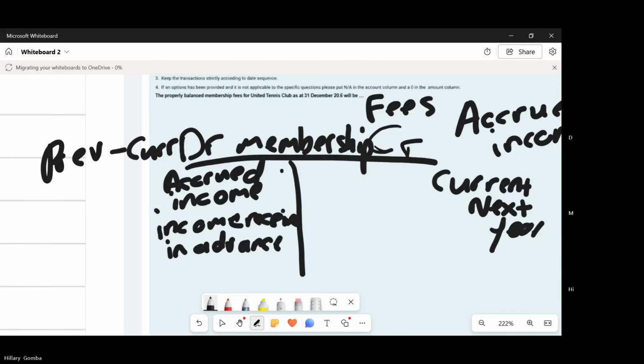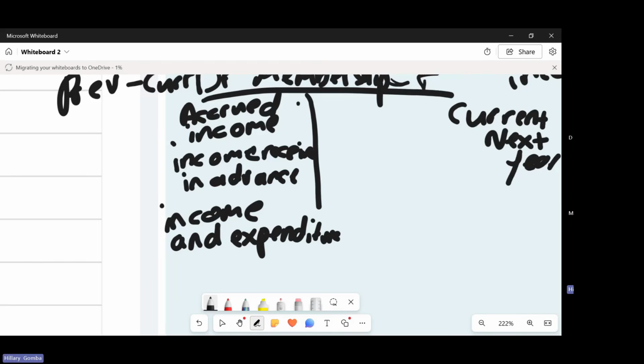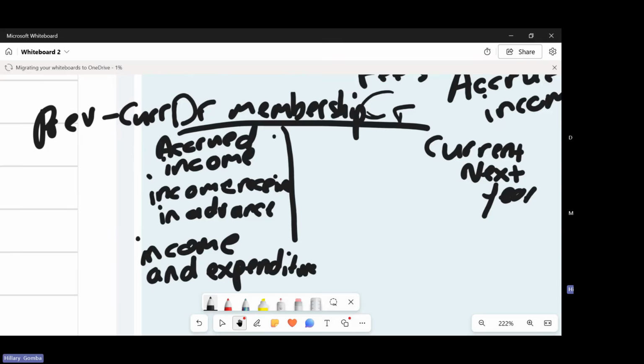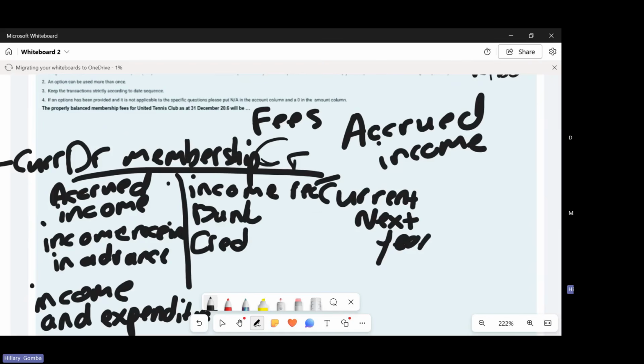All right. So on the debit side, you have an account that we call income and expenditure, which is sort of like a balancing account. Also on your debit side. And then now we come to the credit side. On the credit side, you have your income received in advance, and then you have your bank, which is the money that you received, and then you have your credit losses to members that cannot pay you anymore.